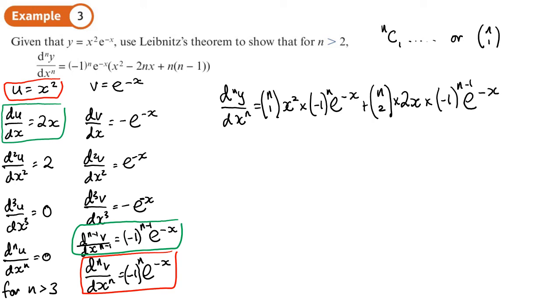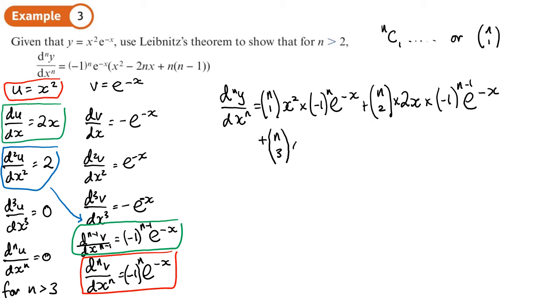And there's only going to be one more term, plus, because everything else will be 0, and that will be this one. Now that will go with the term before the n minus 1, the n minus 2 term. I've not written that out, but I think we can work out what that is. So this will have a coefficient of (n 3) or nC3.